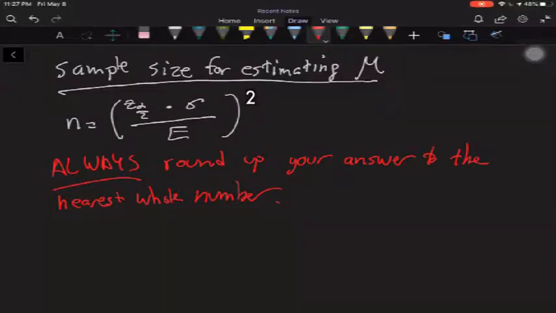If we remember our margin of error formula, we can modify it to calculate the sample size. And it looks something like this. We have n, which is our sample size, is equal to our critical value multiplied by our standard deviation, divided by our margin of error. And always round up your answer to the nearest whole number.